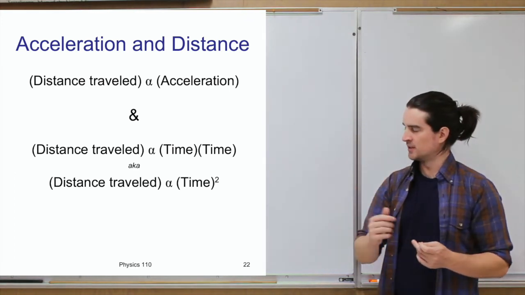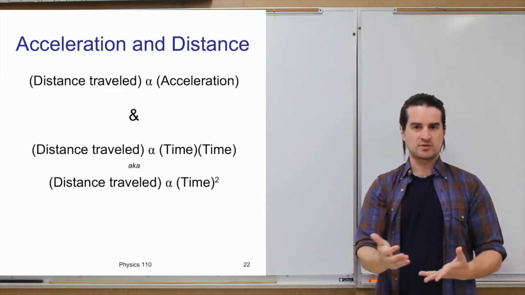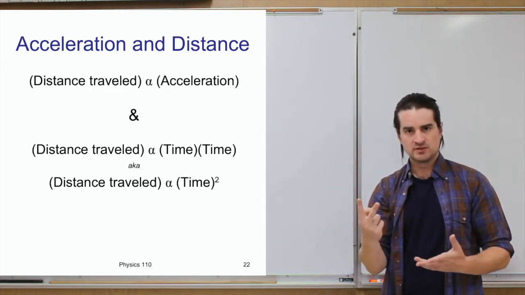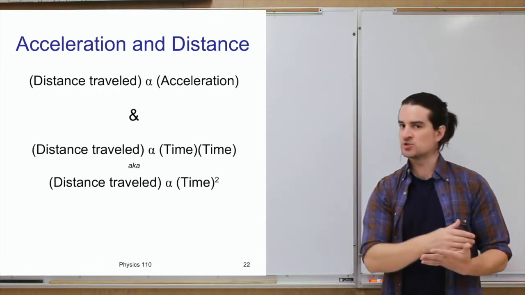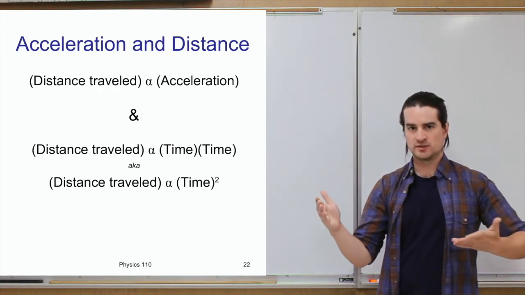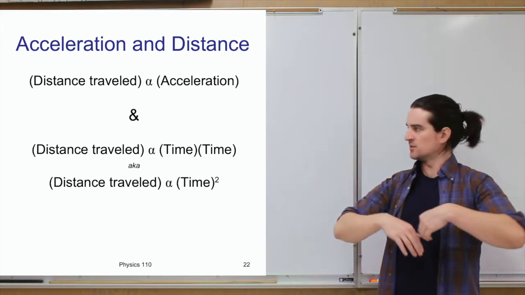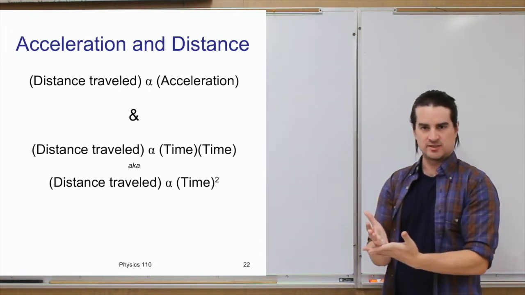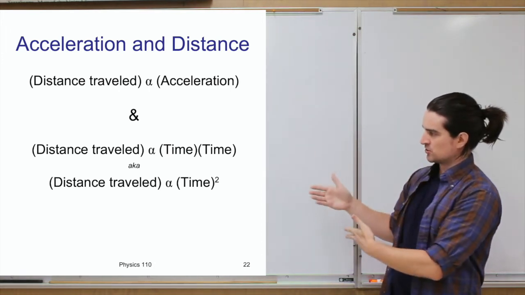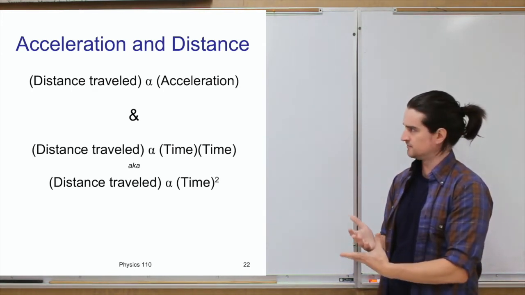Meaning that if the amount of time that elapsed doubled, then you'd get a factor of 2 for each of these times, so the distance that it traveled would quadruple. Or if the amount of time tripled, the distance that it would travel would be 3 times 3, 9 times the distance. Right? So this is what is meant by it's proportional to the time squared, or 2 factors of the amount of time that it's traveling.